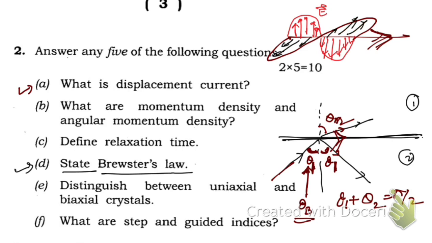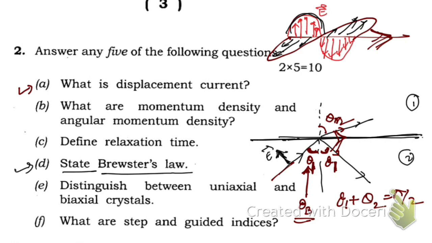Okay, if this electric field is parallel to the plane of incidence, this is, suppose, the direction of the electric field, varying in this way, which is parallel to the plane of incidence here.